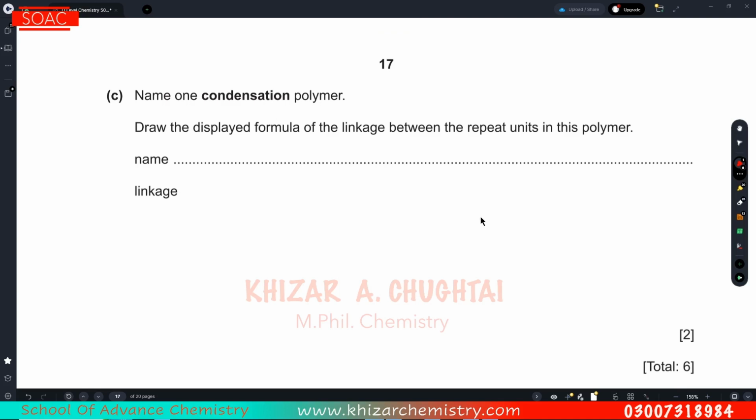Name a condensation polymer. Draw the structural formula of the linkage between the repeating units in this polymer. There are three to four condensation polymers, for example polyester.